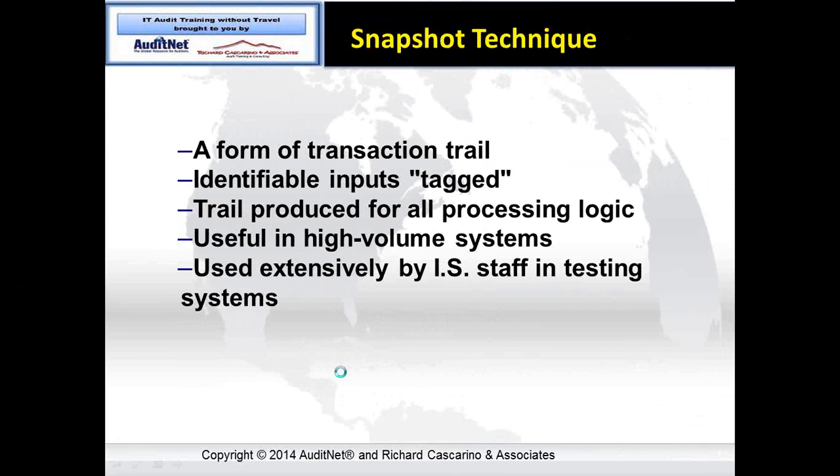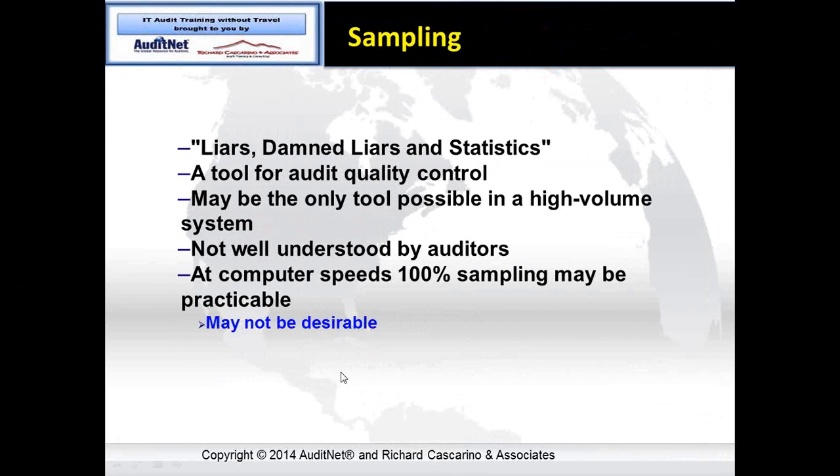Sampling. It was Benjamin Disraeli, the Prime Minister of Britain in the late 1800s, who said there are three kinds of liars: liars, damned liars, and statistics. Okay. Statistics can be very powerful as an audit tool, particularly for audit quality control.